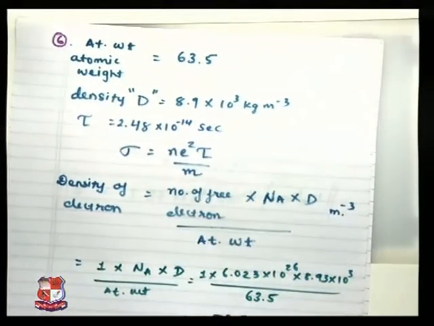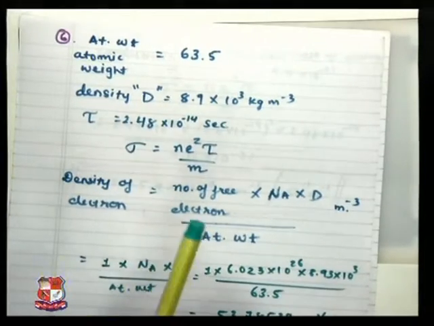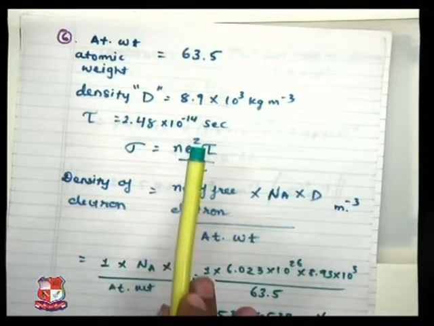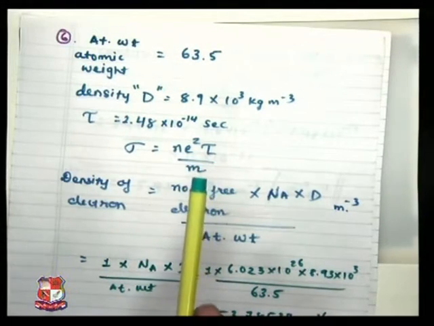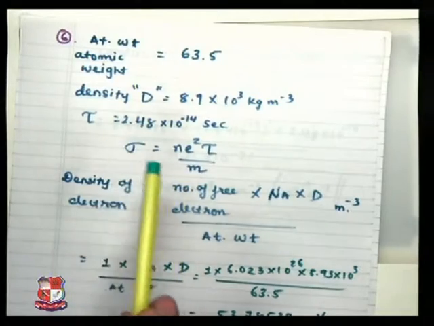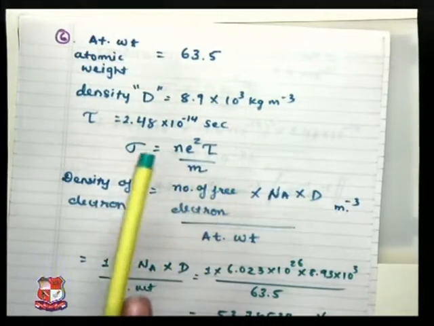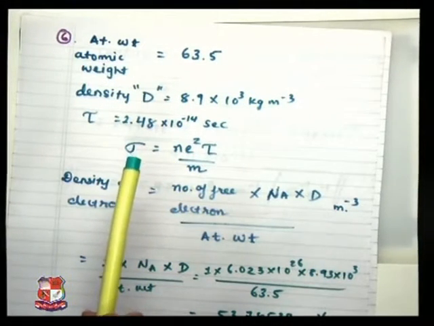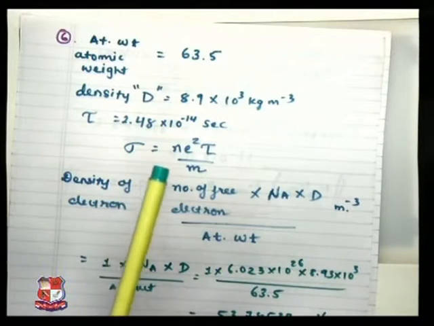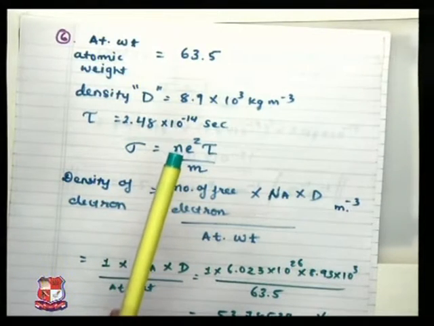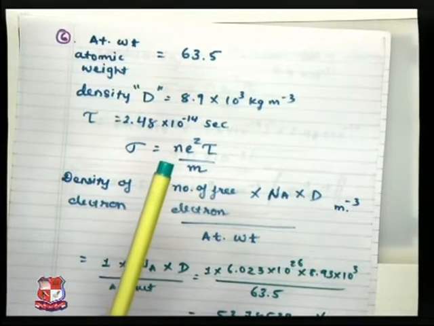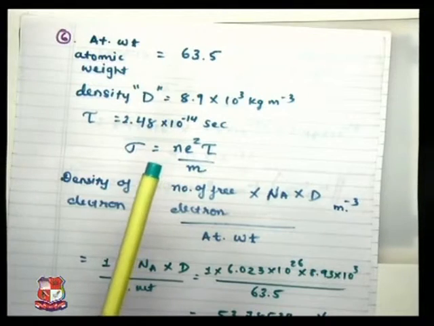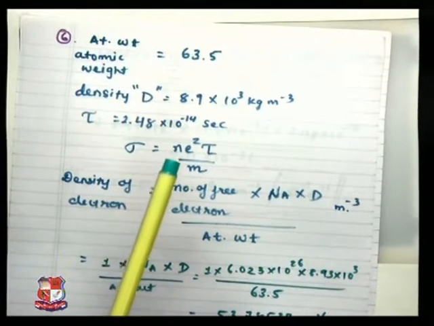To calculate the conductivity, the formula is sigma is equal to n E square tau upon m. Here in this equation, sigma represents the electrical conductivity. n represents the number of electrons per unit volume, that is the density of electrons.